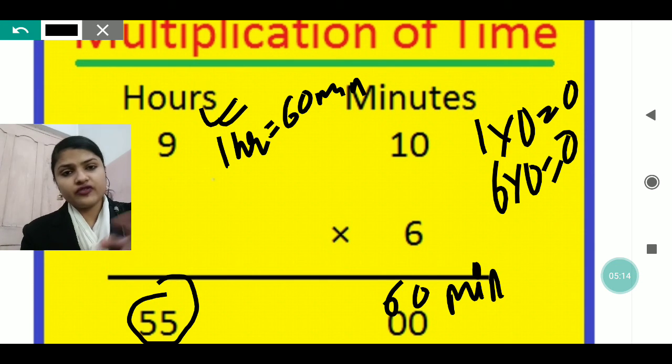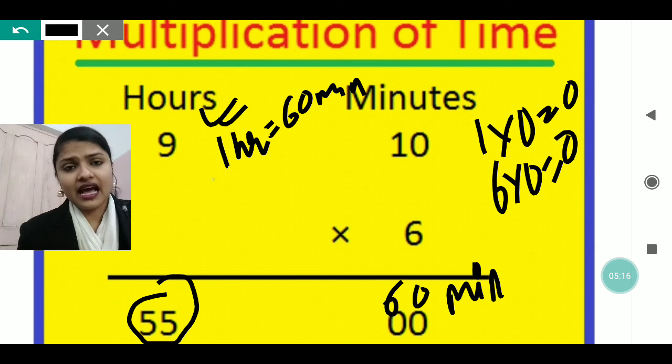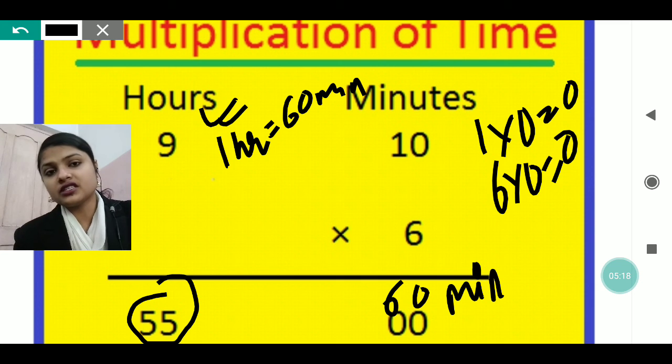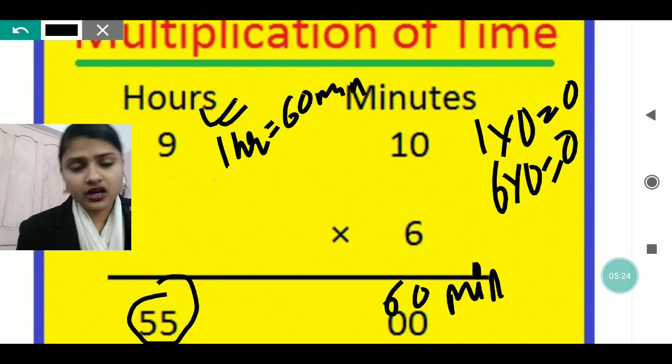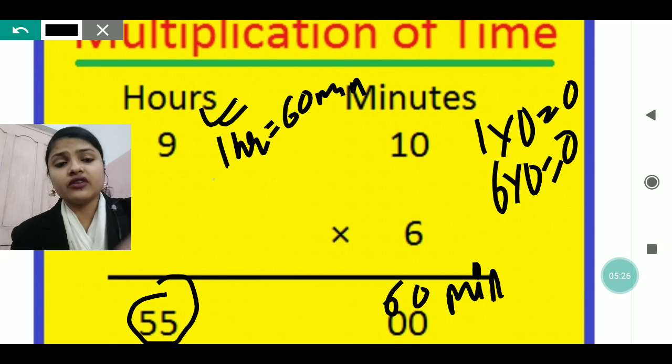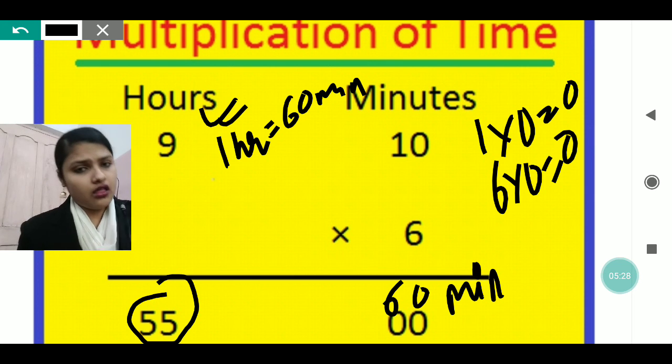We have taken that 60 minutes and converted it into 1 hour, and that 1 hour we have added with 54 hours. So the answer will come 55 hours and 0 minutes.